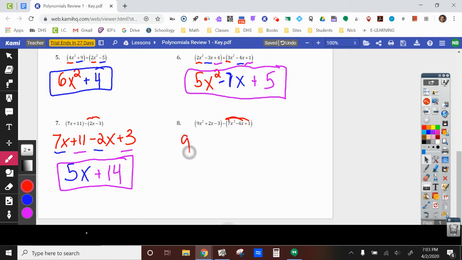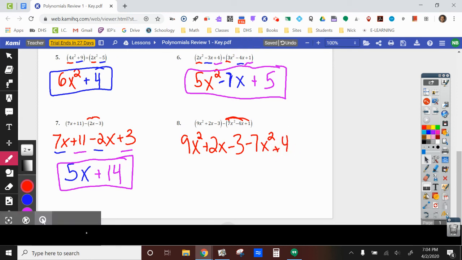So we get 9x squared plus 2x minus 3. And now I'm going to change these signs. This positive 7x squared is really a minus 7x squared. This minus 4x is really a positive 4x, because a minus and a negative turns positive. And this positive 1 is really a minus 1.